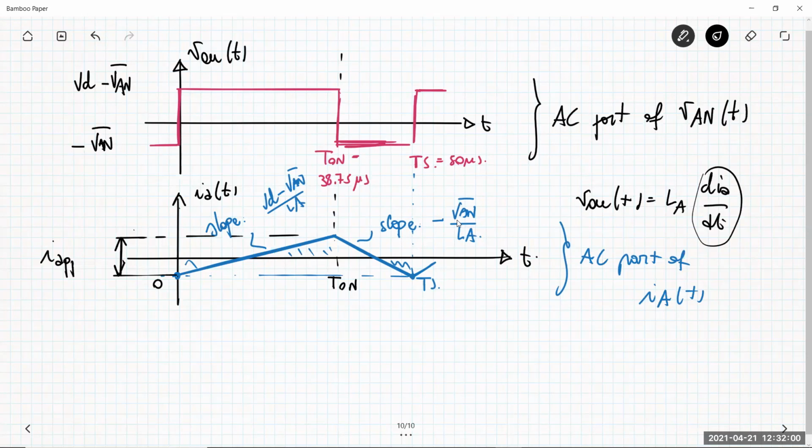Let's take the positive slope, for example, VD minus VAN average value over LA. This is the slope you have during the interval T on. So the slope multiplied by the duration of the slope, which is T on, so it is dA multiplied by TS, gives you exactly IA peak-to-peak. Okay, I have the slope, I have the duration of the slope, I can get the peak-to-peak ripple.